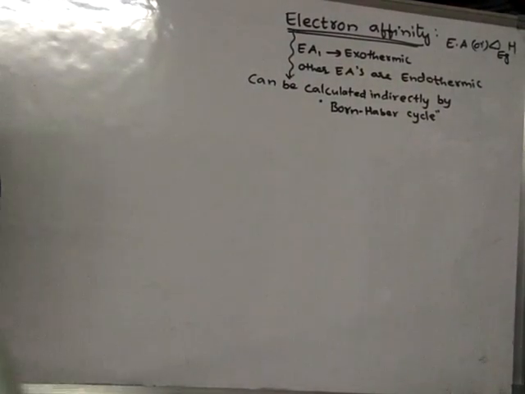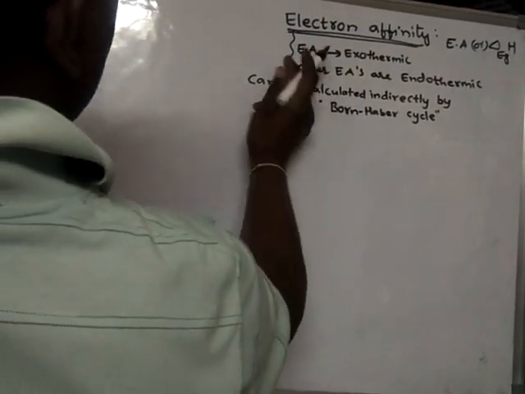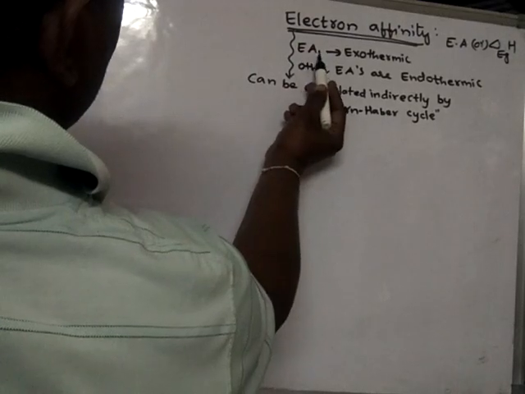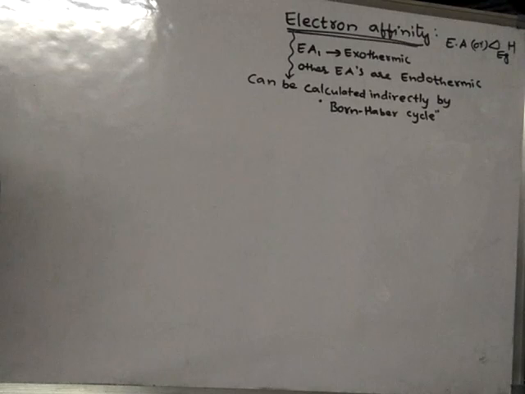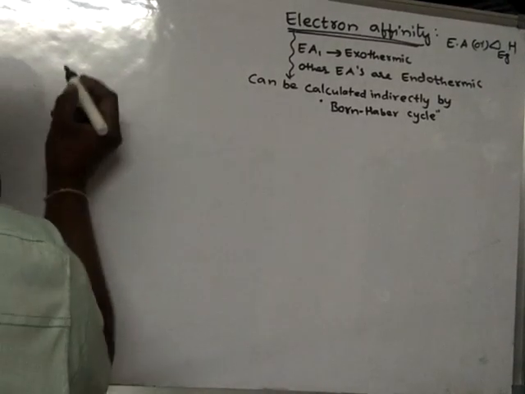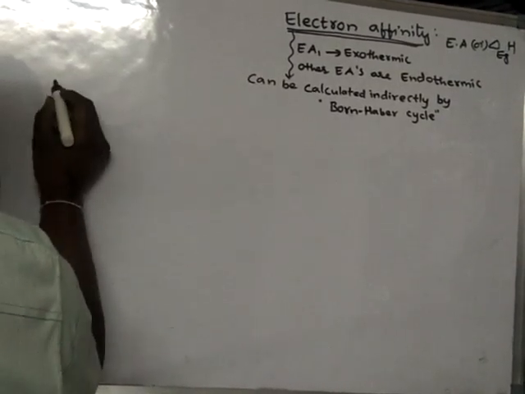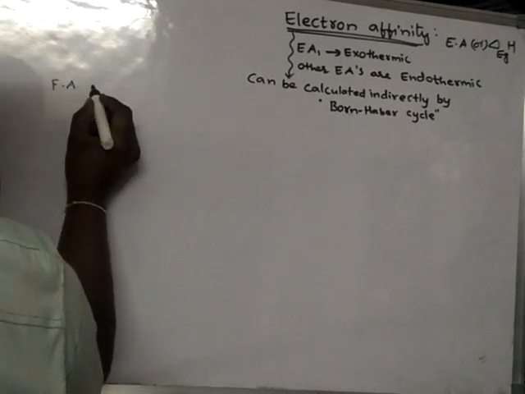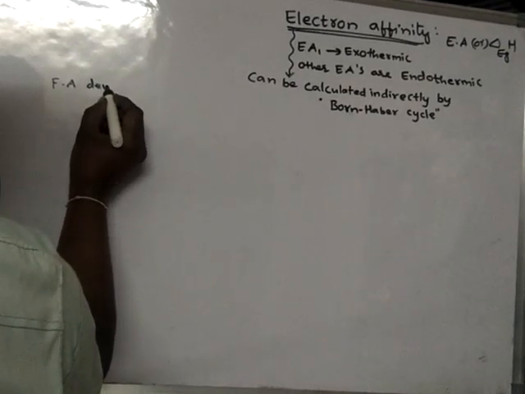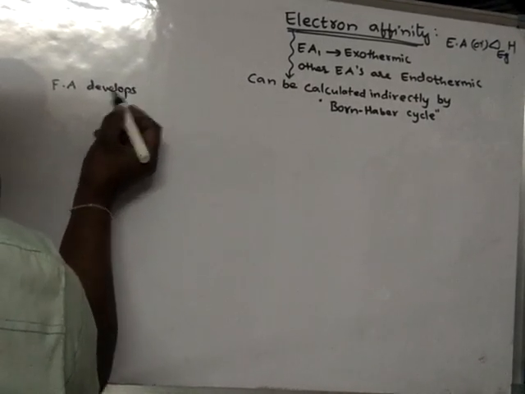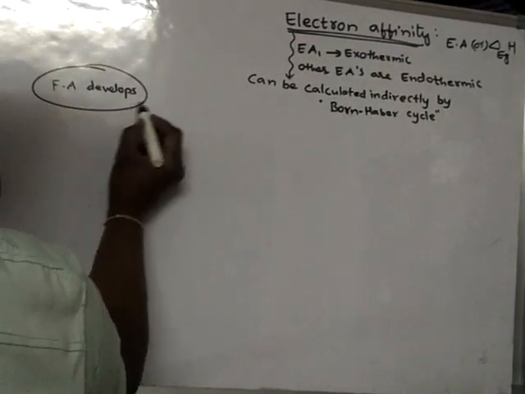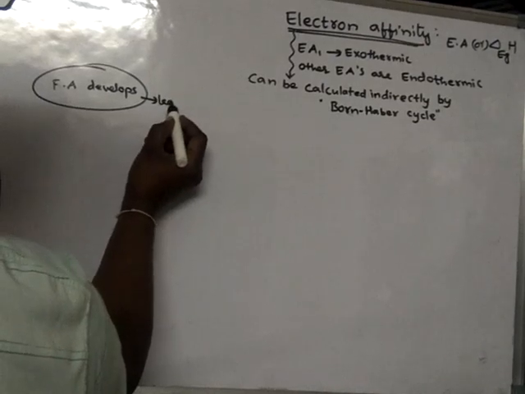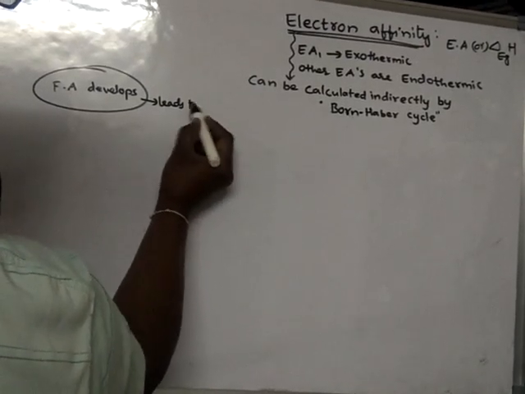See, already we have seen that the first electron affinity is exothermic and the other electron affinities are endothermic in nature. Whenever a force of attraction develops, it leads to loss of energy.